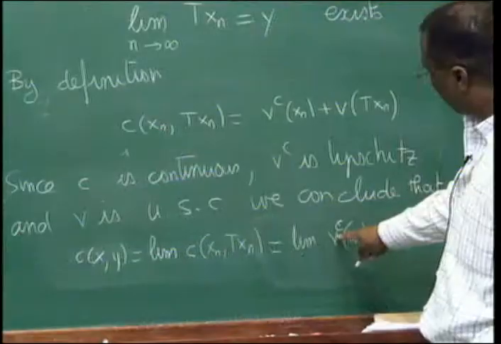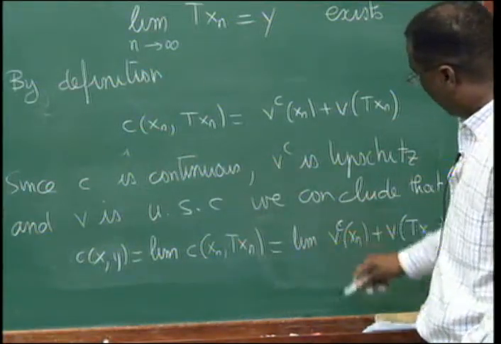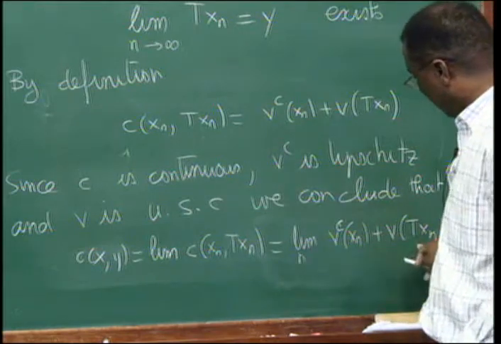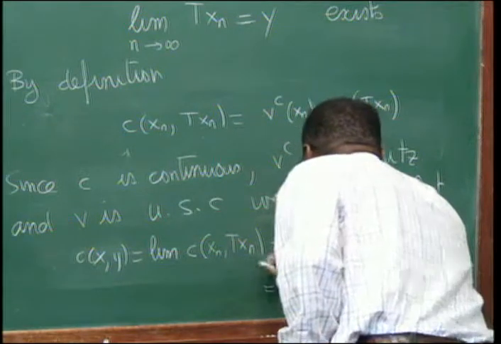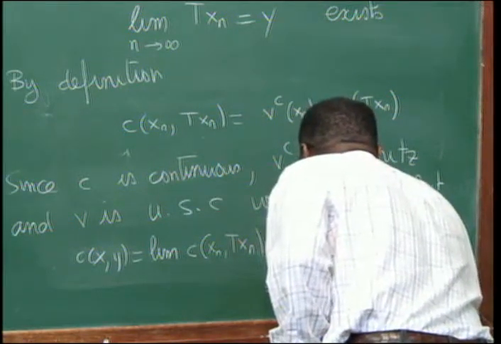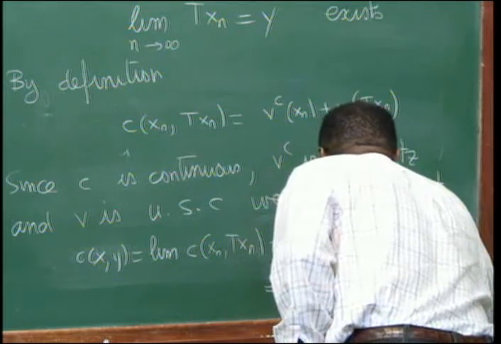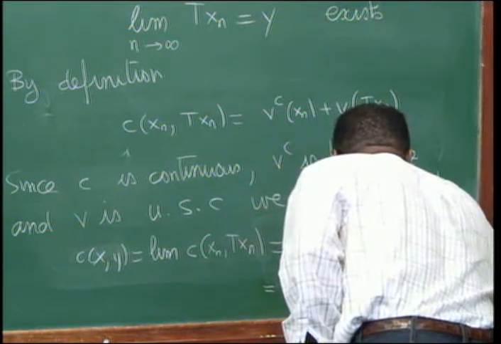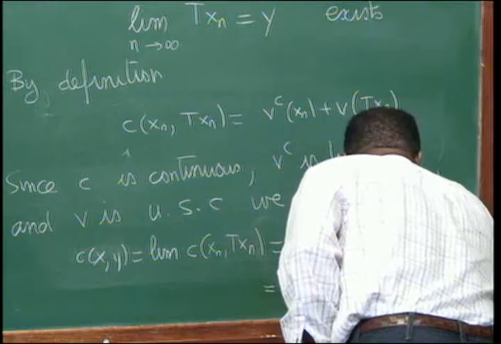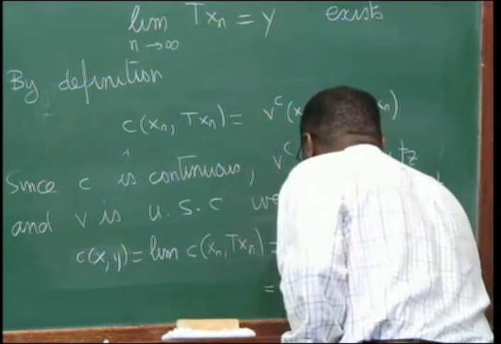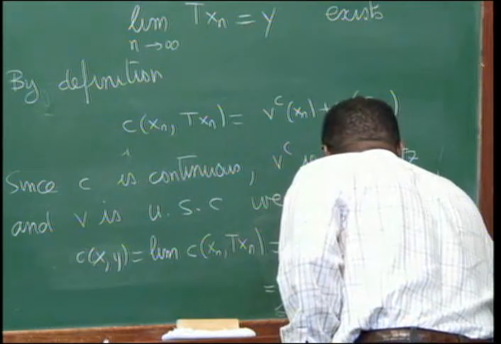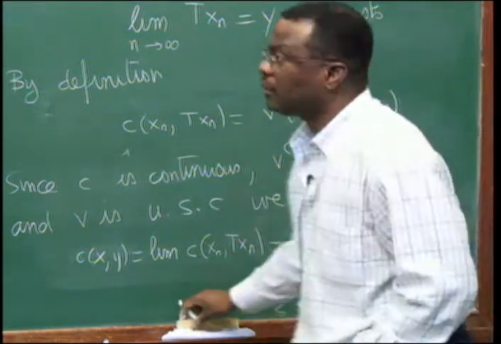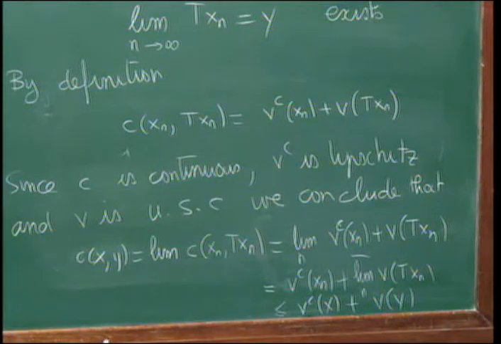This limit existing, the limit of the sum existing, it means that the limit exists. So this is equal to Vc of S_n plus the lim sup over n of V of T of S_n, which is smaller than or equal to Vc of x plus V of y. So this means that y is minimizing.